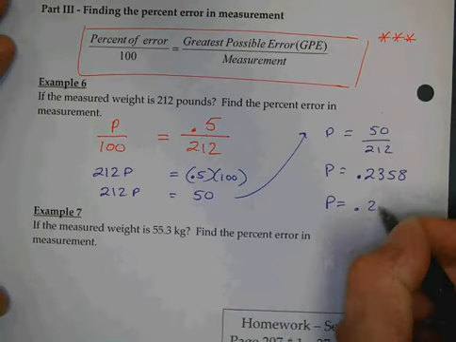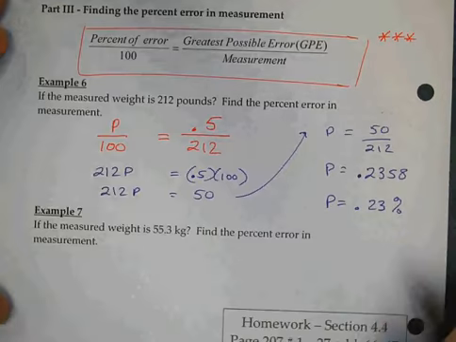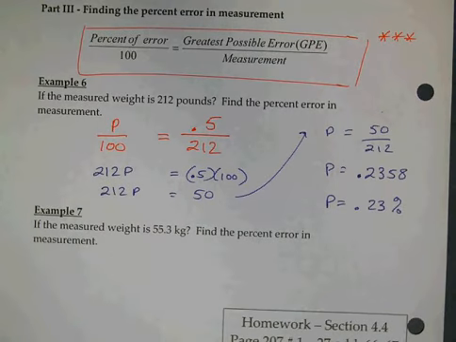Don't change that to 23%. This is 0.23%. Not 1%, it's almost 1/4%. So it's very low. How accurate is this measurement if it's plus or minus 0.5? It's pretty good. So the answer is not 23%. No, the answer is 0.23%.